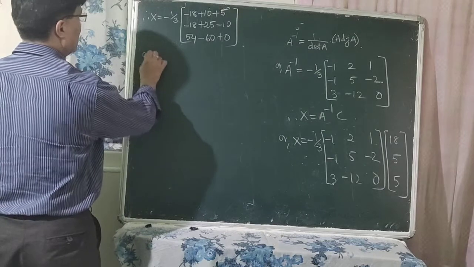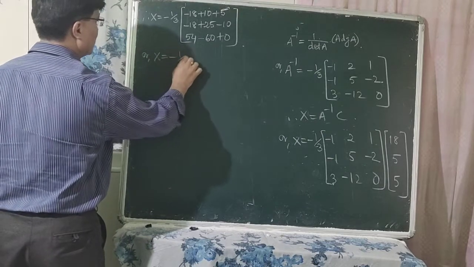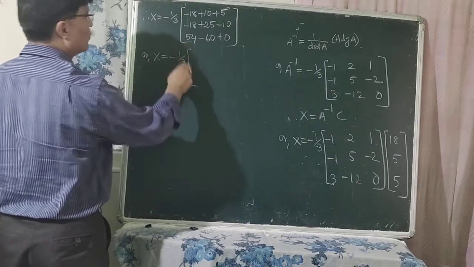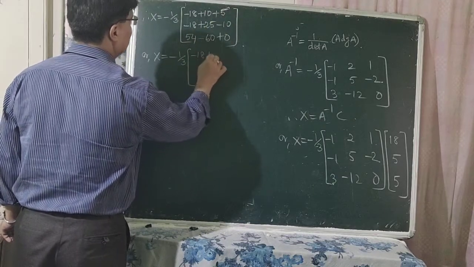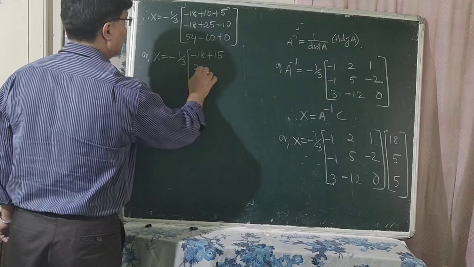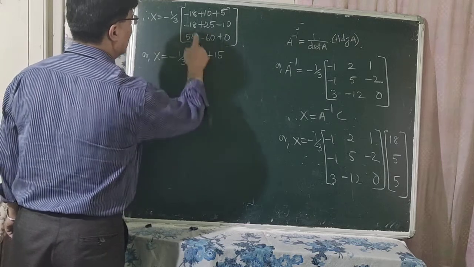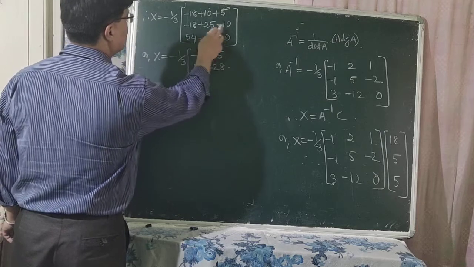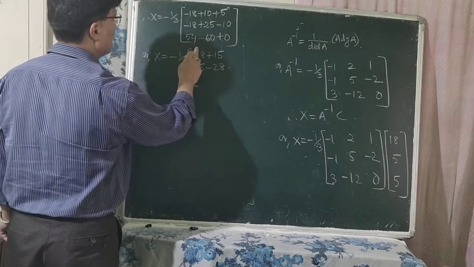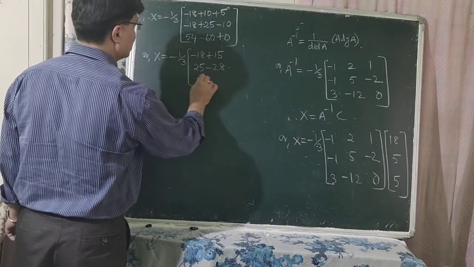Okay. So capital X is equal to -1/3 within the matrix sign. 10 plus 5 is 15. -18 plus 15 is -3. 25 -10 is... -18 -10, same sign, add them, and it is -28. And 54 -60 is -6.